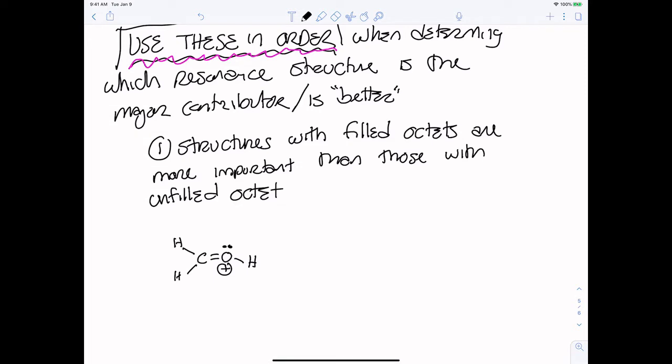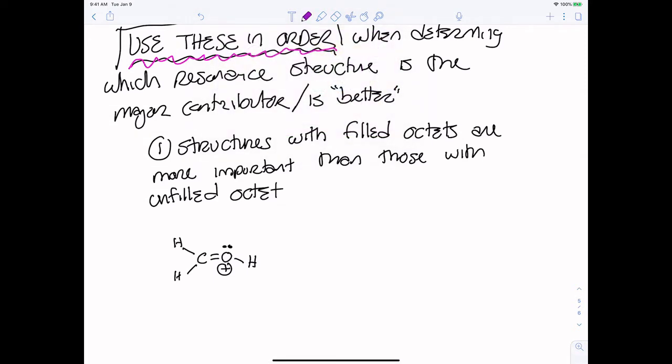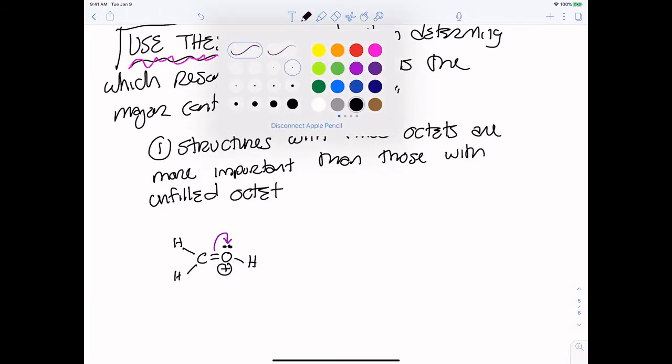So this one, does it have resonance? It does. I can take these pi electrons and put them onto that oxygen. Remember, one of our receptors is an electronegative atom. So oxygen's electronegative, I can put electrons on it.